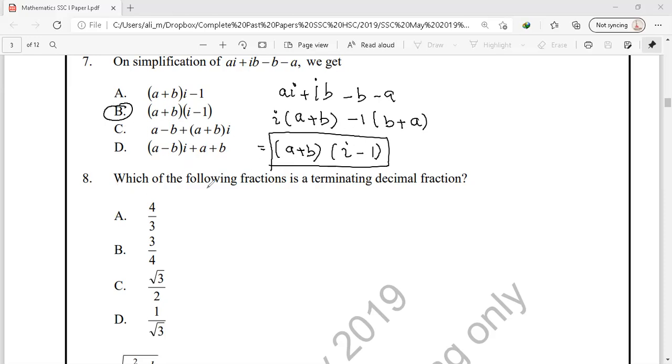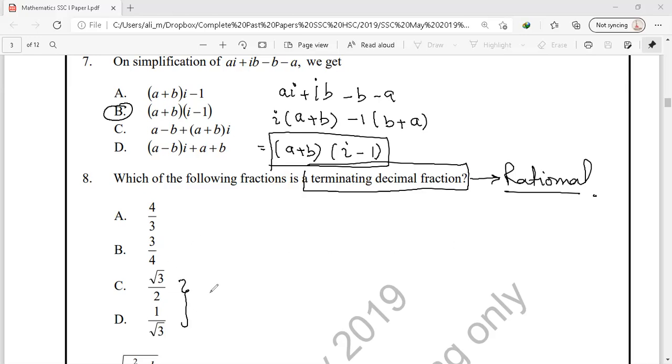Next, we have question number 8, and we have to identify which of the following is a terminating decimal fraction. A terminating decimal fraction is always rational, because a rational number can be terminating as well as non-terminating. An irrational number cannot be a terminating number.